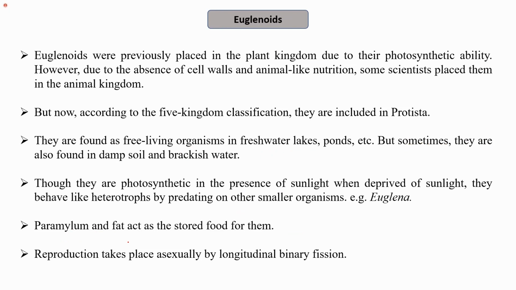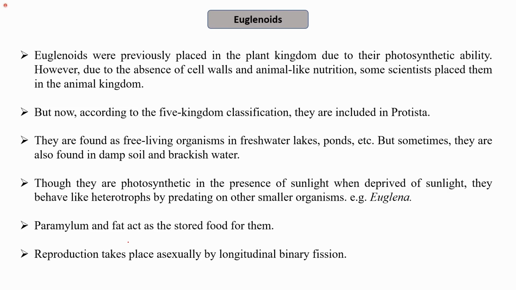So till now we learned about Rhizophyta and dinoflagellates. Dinoflagellates belong to division Pyrophyta. Now we have euglenoids. Euglenoids are very interesting, as in some aspects they are similar to plants, while in others they are similar to animals. In earlier times, zoologists put euglenoids into the animal kingdom, while botanists considered them plants.